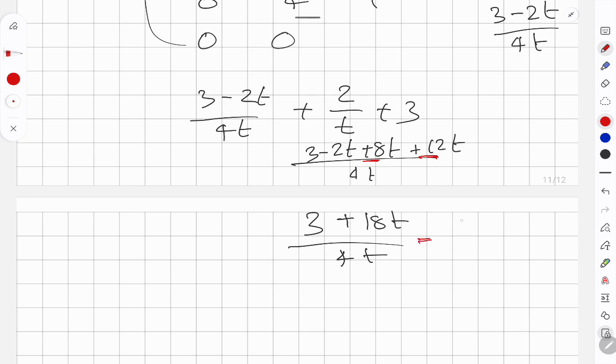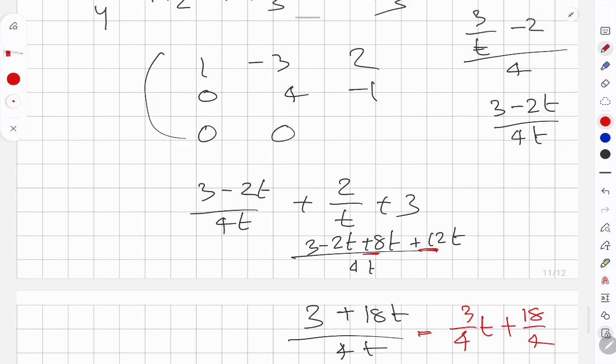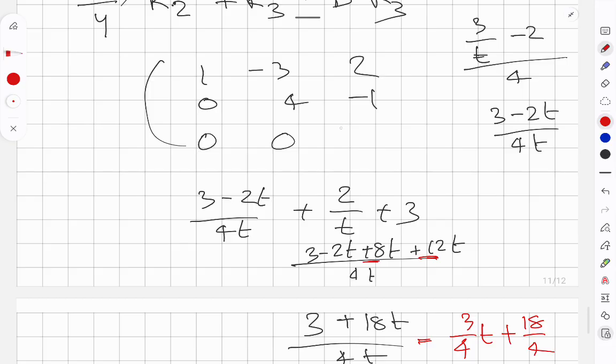Good. So it's 3 by 4t plus 18 by 4, and something 4 point something, I guess.